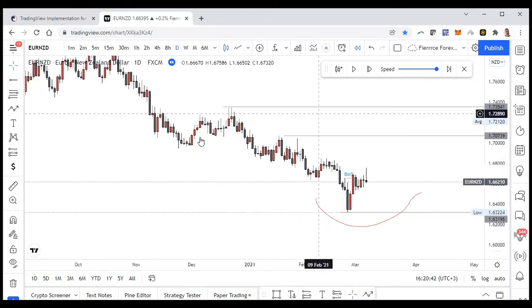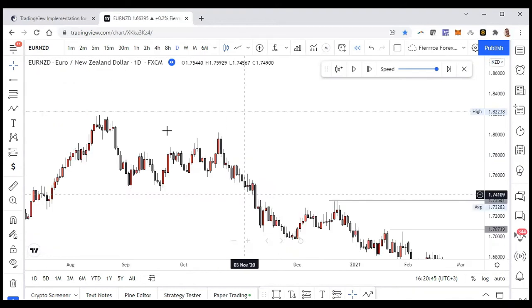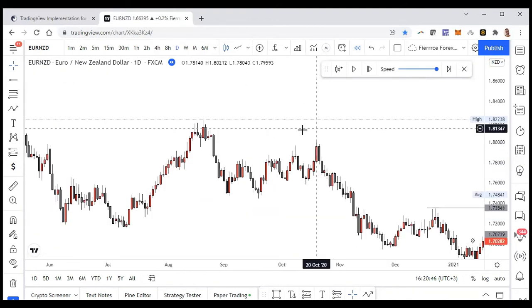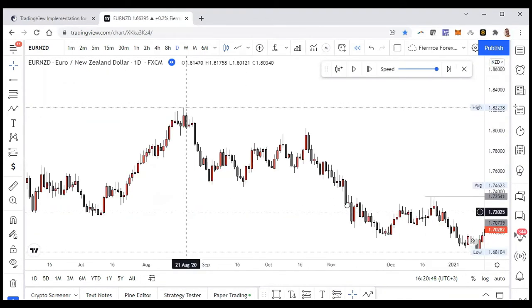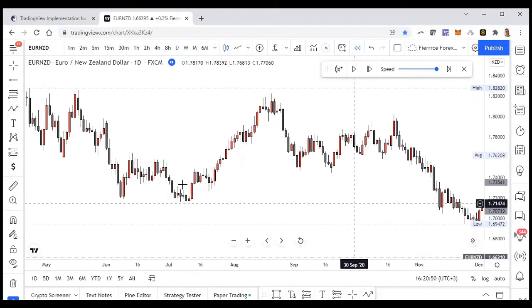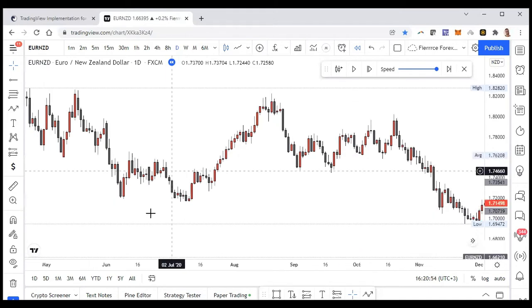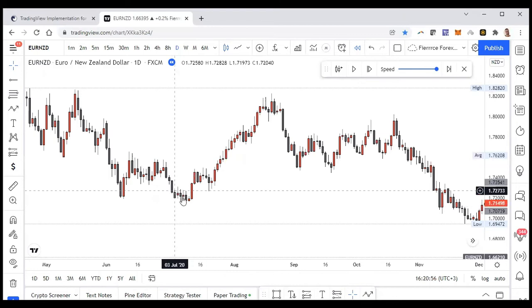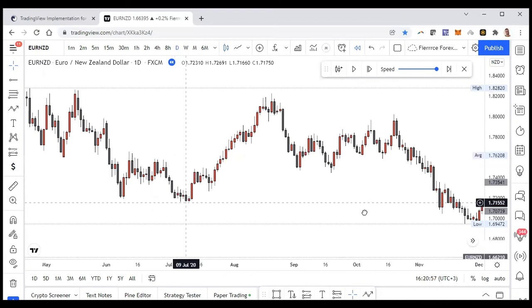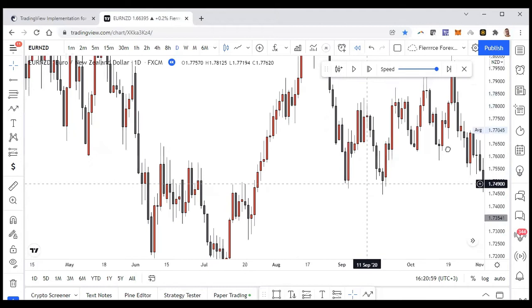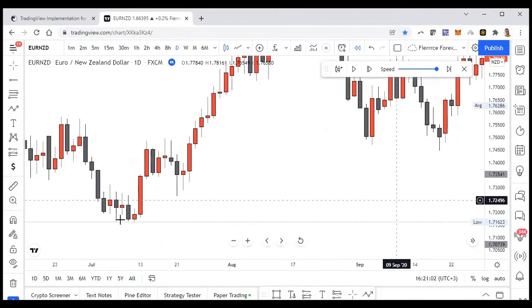Now, supply, basically, if I look even maybe from here, let me see. When we look at this zone here, we see that price printed, let me zoom in. There was a zone here.